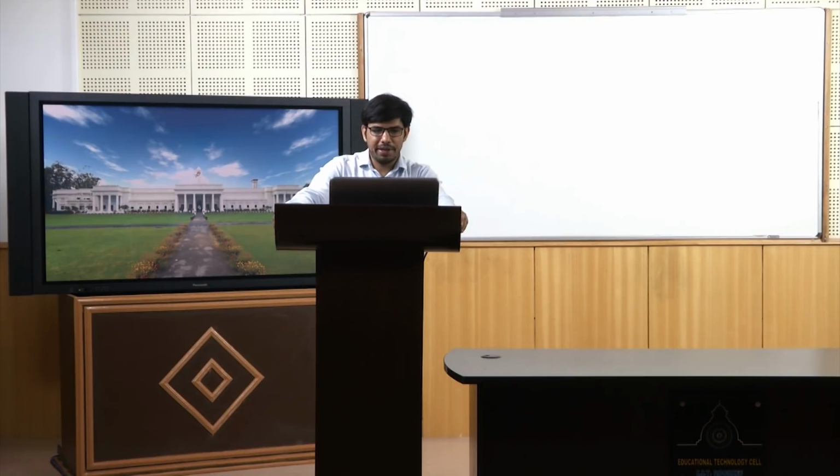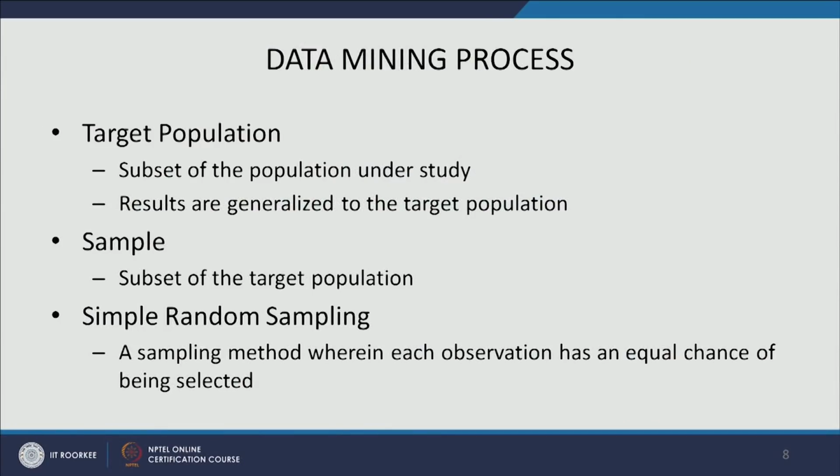So we generally take a subset of the target population and then analyze the data that we have in that sample. So generally in our data mining scope, we might be mainly limited to simple random sampling, which is a sampling method wherein each observation has an equal chance of being selected.